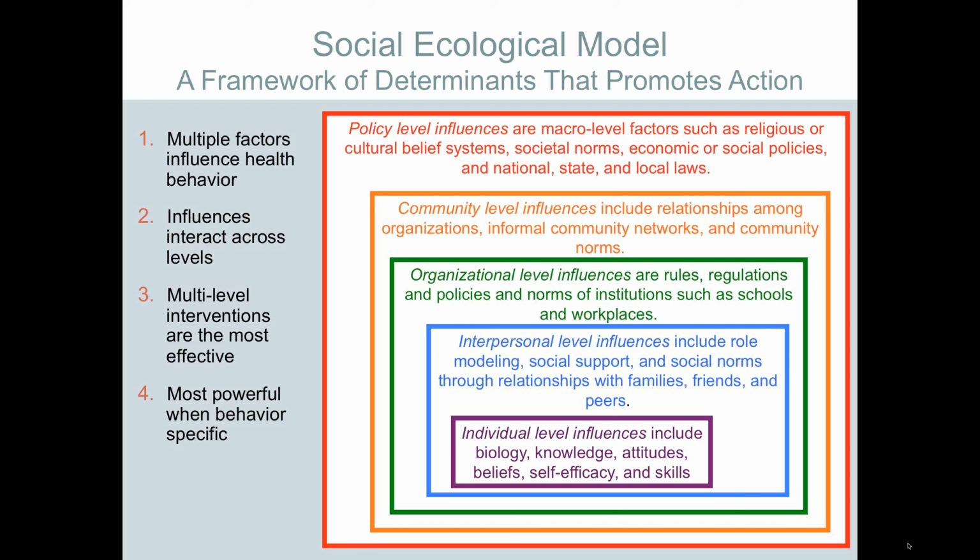So factors across these different levels can be major determinants of a particular health problem. A second characteristic of this model is that influences interact across levels. And what that means is that factors at the community level can affect factors at the interpersonal level to then affect a health problem.